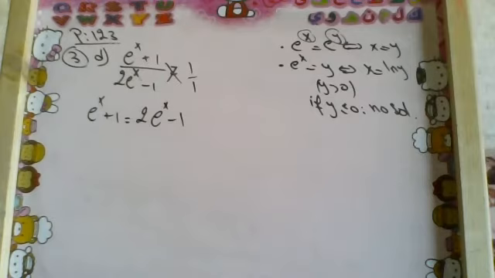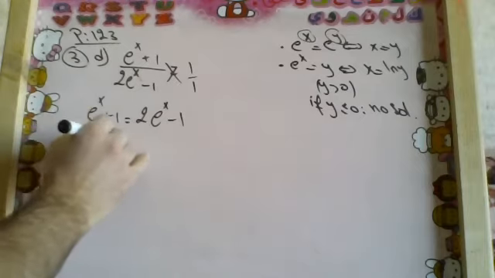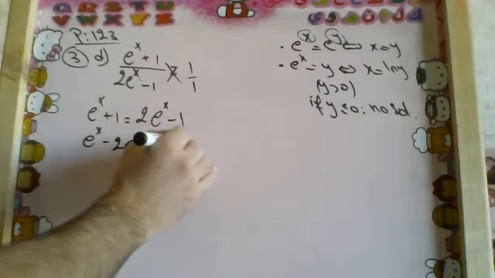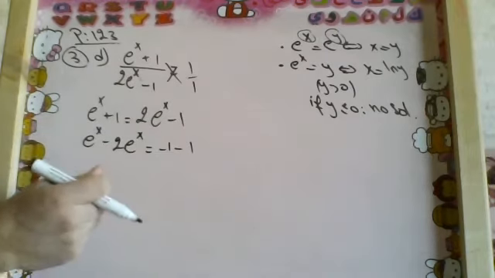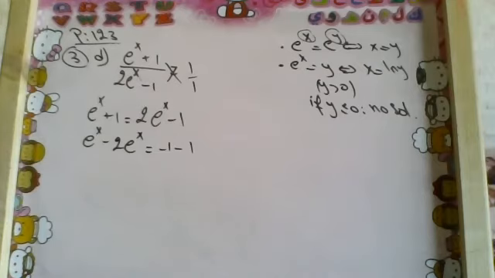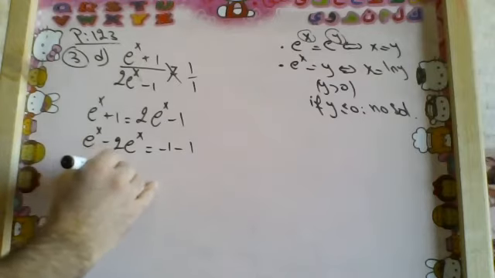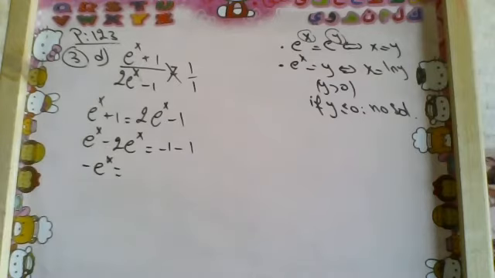So how do we continue, Yousef? e power x minus 2 e power x is equal to negative 1 minus 1. Then minus e power x is equal to negative 2.